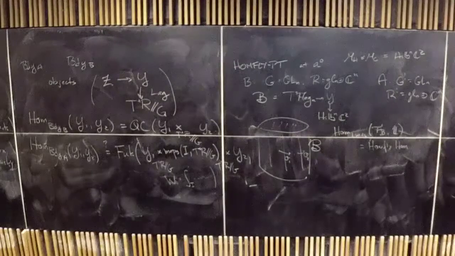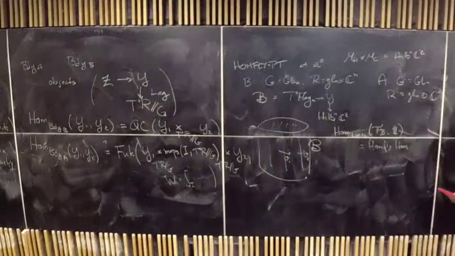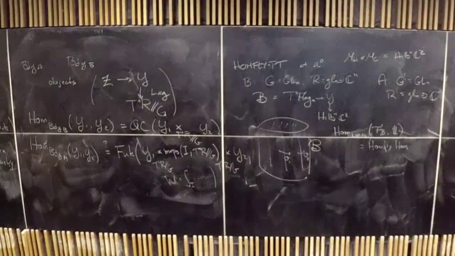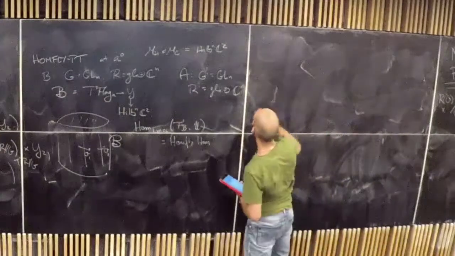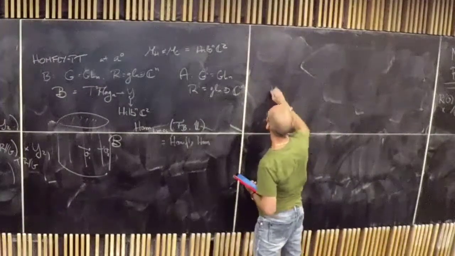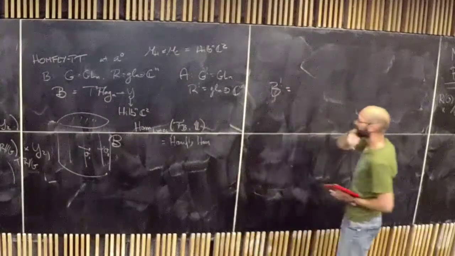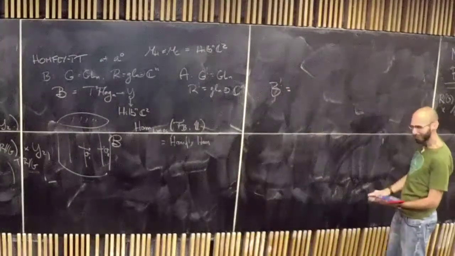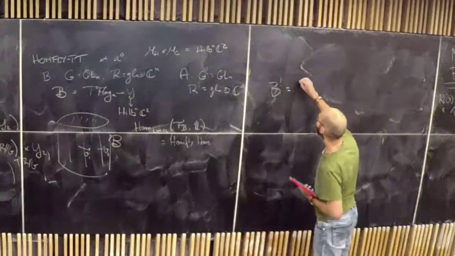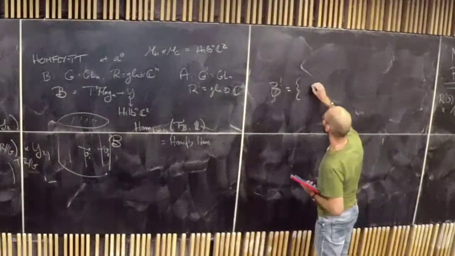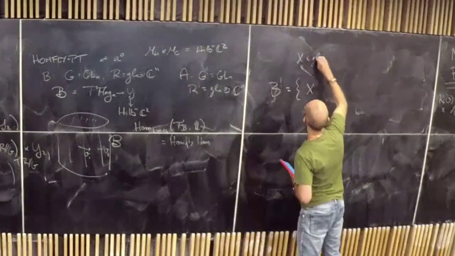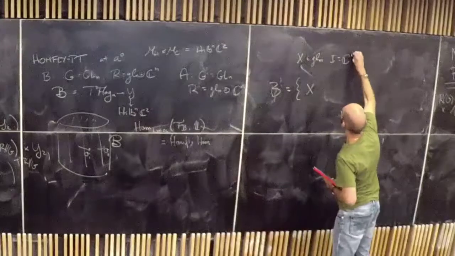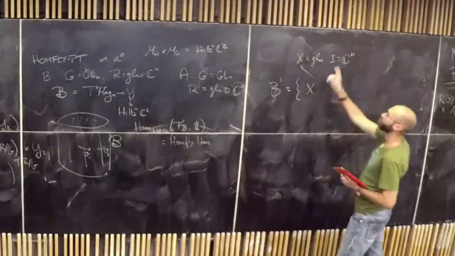On the A side, the dual boundary condition is incredibly simple, which is what makes this entire game fun and interesting. On the A side, the check is what I would call a Dirichlet boundary condition. It just fixes, if x is in GLN and I is in CN, this is half of T star.